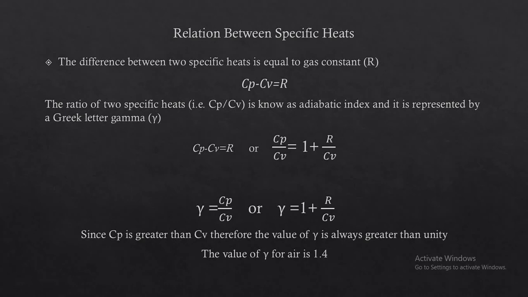Mathematically, gamma equals Cp by Cv, which equals 1 plus R minus Cv over Cv. After simple rearrangement, we have the final equation: gamma equals 1 plus R by Cv. Since Cp is greater than Cv, the value of gamma is greater than unity. The value of gamma for air is 1.4.